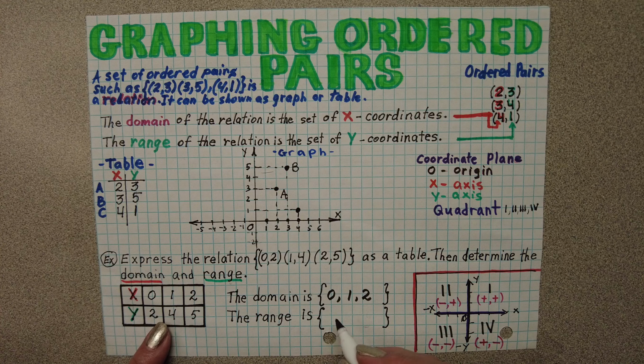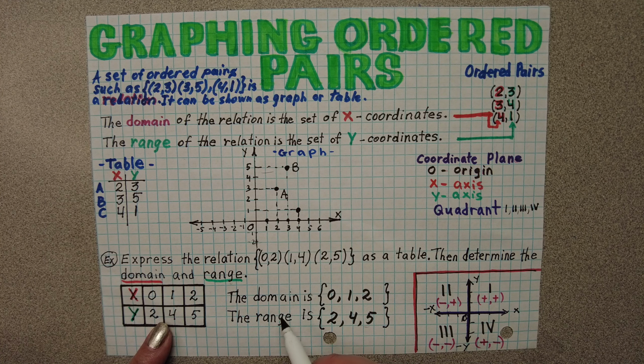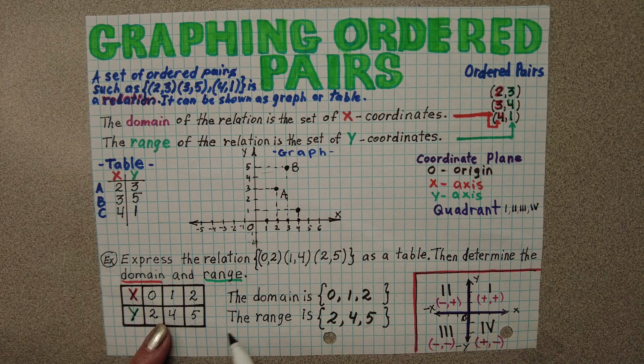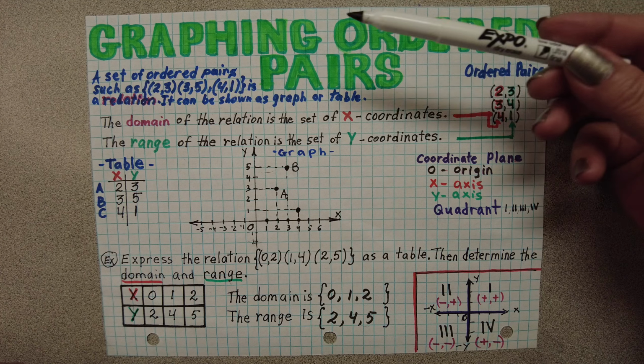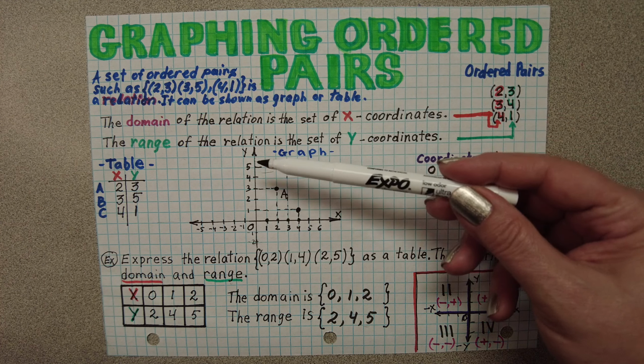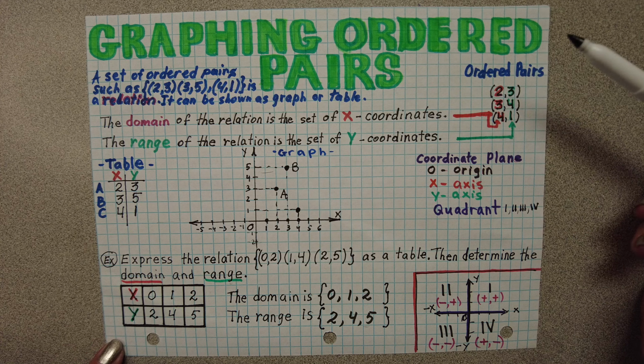The range is 2, 4, and 5. This is how mathematically you're gonna answer for this question. The domain is, with parenthesis, 0, 1, and 2, and the range is 2, 4, and 5. So this is the way we graph ordered pairs.